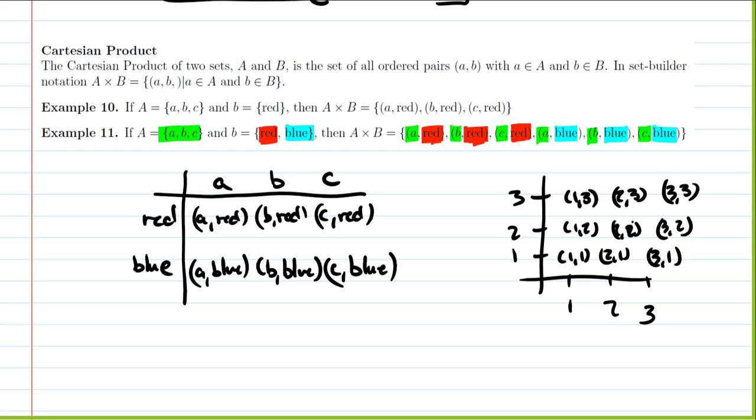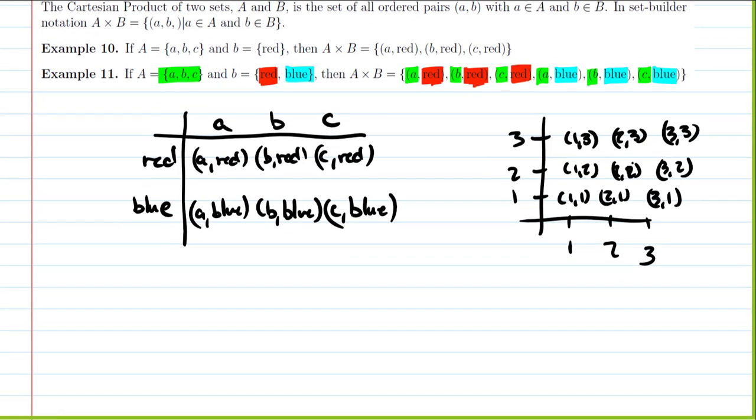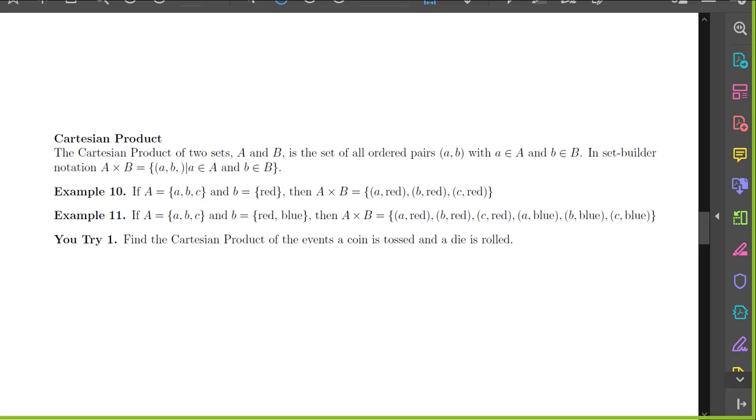We're doing the same thing, but instead of just arbitrarily using numbers, we can use arbitrary sets. So the Cartesian product just says pair up everything in the first set with everything in the second set. It may be helpful to make a rectangular diagram if you're having a hard time visualizing what belongs in a particular set. All right.